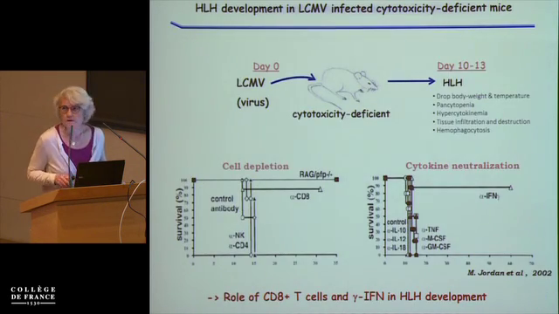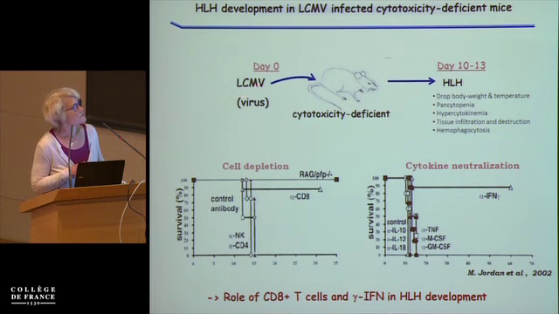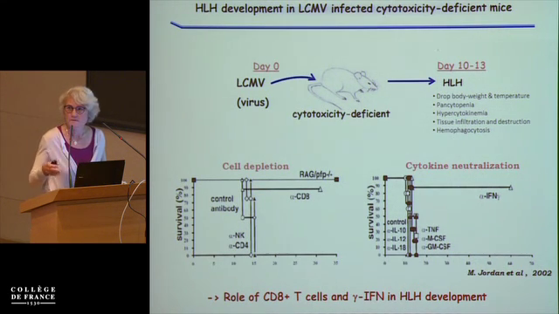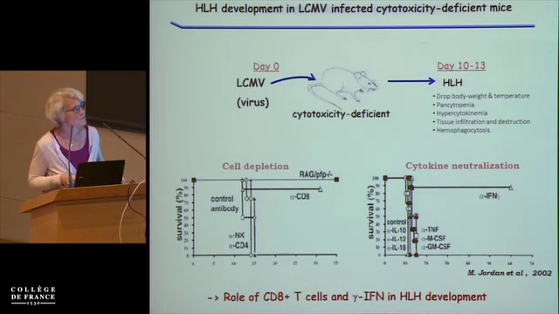And the same immune disturbance can be induced in cytotoxicity-deficient mice, which have the same genetic disorder as in humans, by infecting these mice with lymphocytic choriomeningitis virus, which is a potent activator of the immune system in mice. And similarly, these mice develop similar HLH manifestations, immunopathology, and eventually die 2 or 3 weeks later, as humans do from this manifestation.